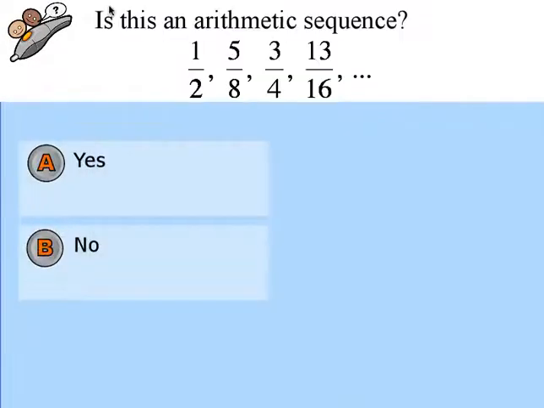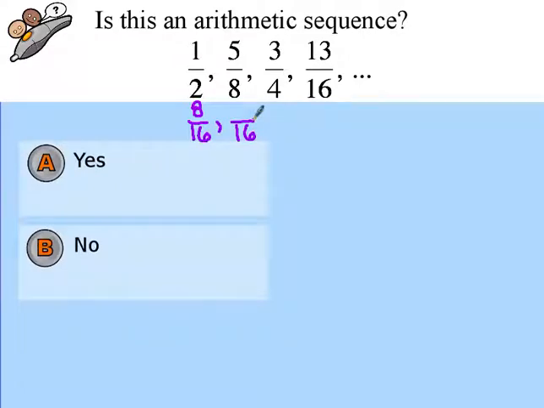Now, if you have a problem like this, the best rule of thumb is to convert the fractions to the same denominator. And in this case, I have 2, 8, 4, and 16. So a good denominator would be 16. Okay, so 16, what do you do to 2 to get 16? Times 8. So I'm going to take 1 times 8. So 1/2 is 8/16.